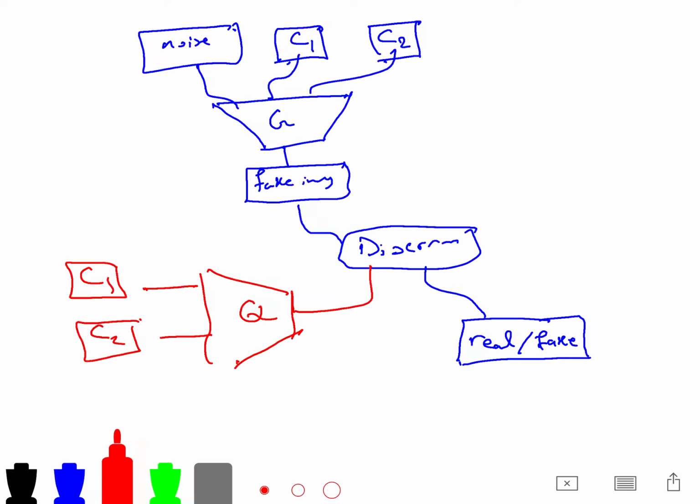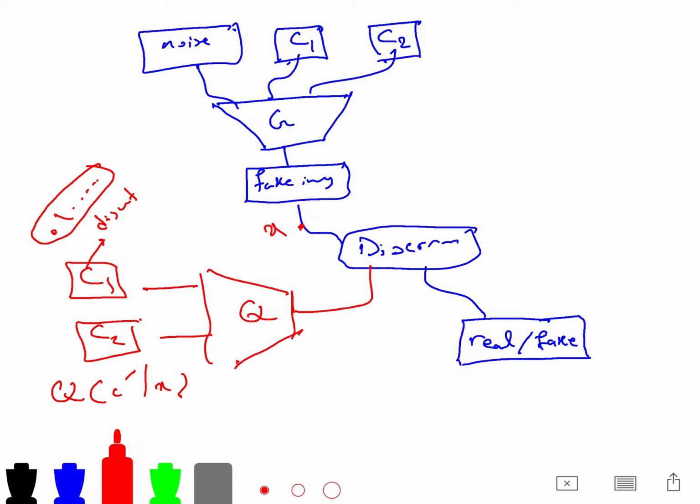And these are Q of C prime conditioned on X, because X is before the discriminator, it's the generated image. And C1 is discrete. It is one hot encoded. For example, we have 10 classes in MNIST data. For example, 2 could be 1, 0, 0, and so this is the one hot encoding of that.